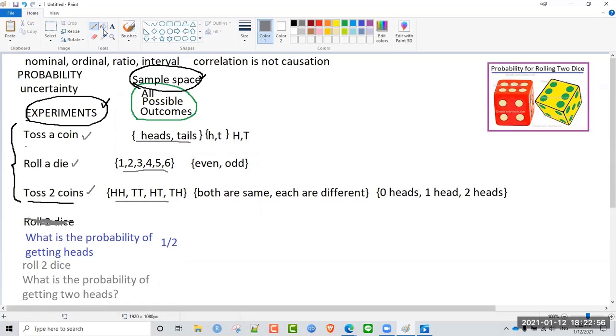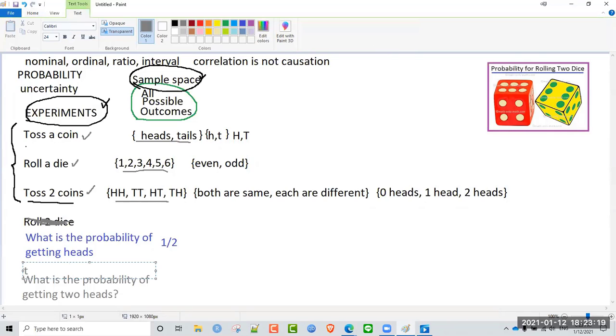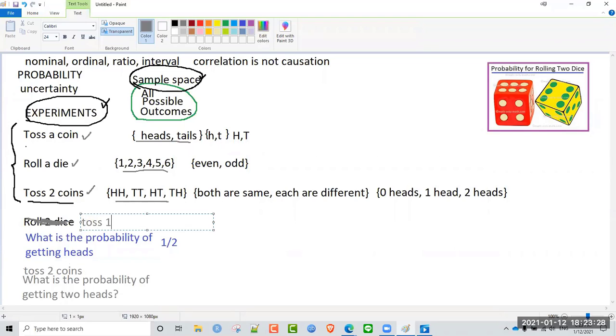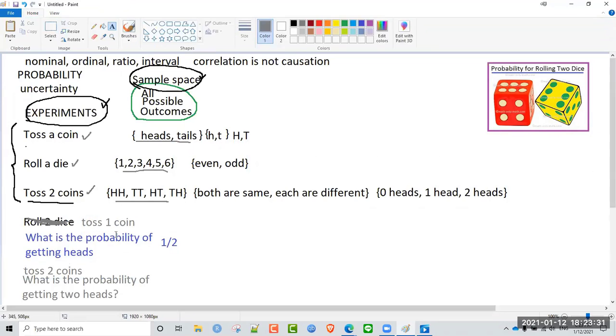Let me undo that. Tossing 2 coins, maybe I better rewrite that whole thing. Usually we say tossing. So I'll say toss 2 coins. And this one was toss 1 coin. So if we toss 1 coin, the probability of getting heads is 1/2. You toss 2 coins, what's the probability of getting 2 heads?